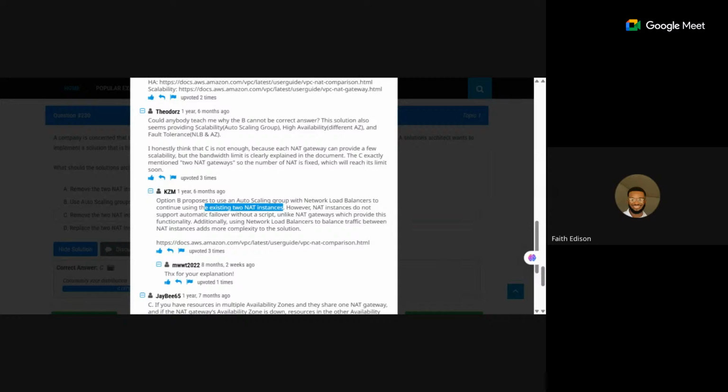The naming is what's putting me off, because when I think of internet gateway, NAT gateway, it's like they're not in the same realm anymore. Additionally, using network load balancers to balance traffic between NAT instances adds more complexity to the solution.